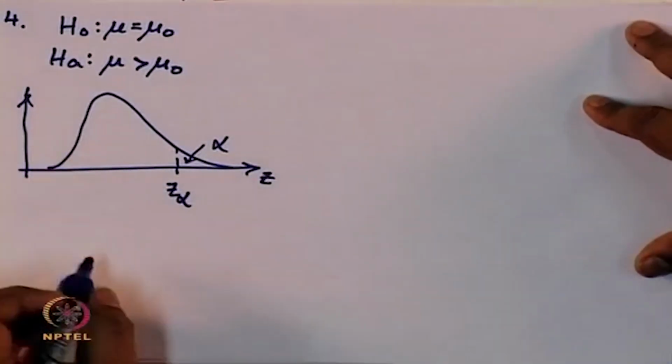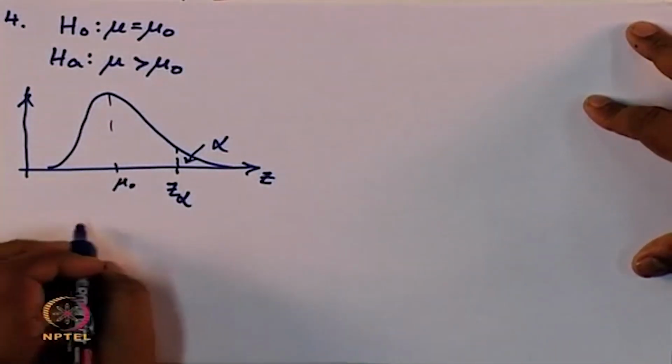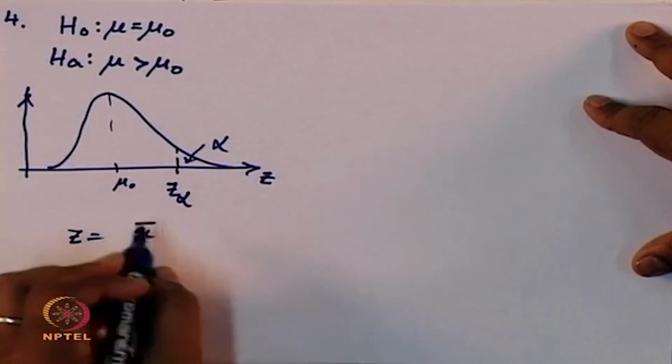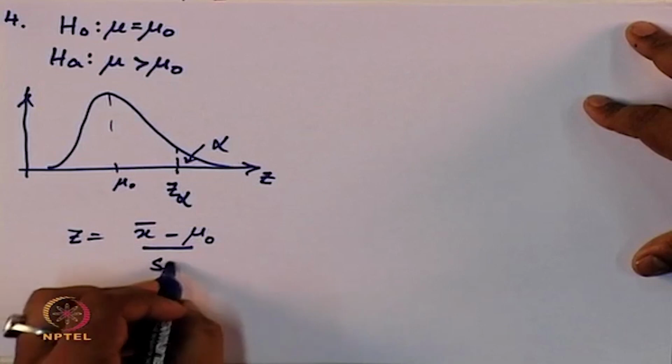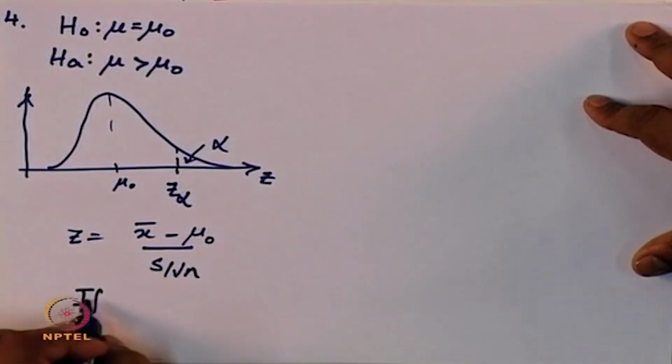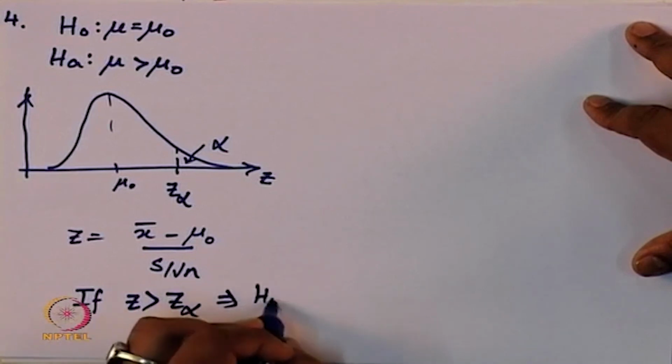So what will you do in this case? This is your mu naught. You will calculate Z as x bar minus mu naught by S by root n. If Z is greater than Z alpha, then H naught is rejected.